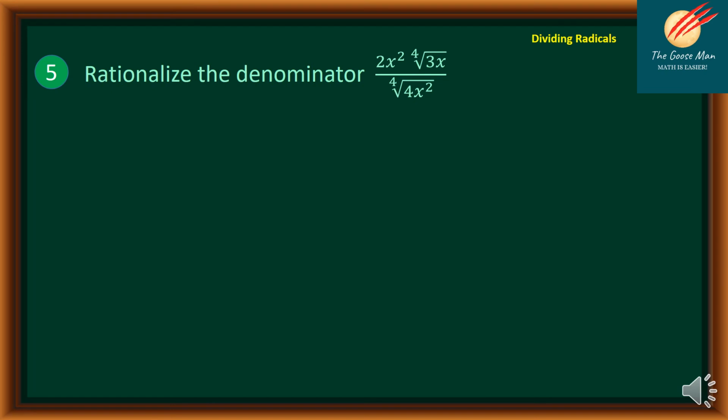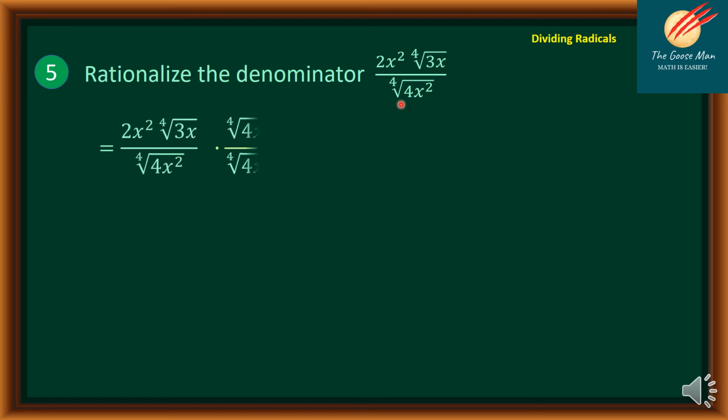So let's move on to problem number 5. Rationalize the denominator: 2x squared times the fourth root of 3x divided by the fourth root of 4x squared. So we want to multiply both the numerator and denominator by our radical, the fourth root of 4x squared.